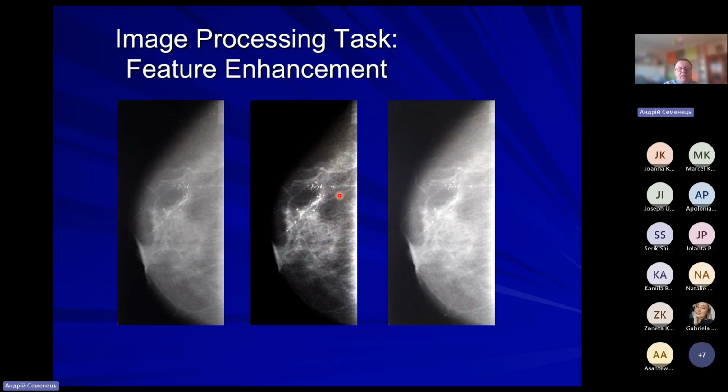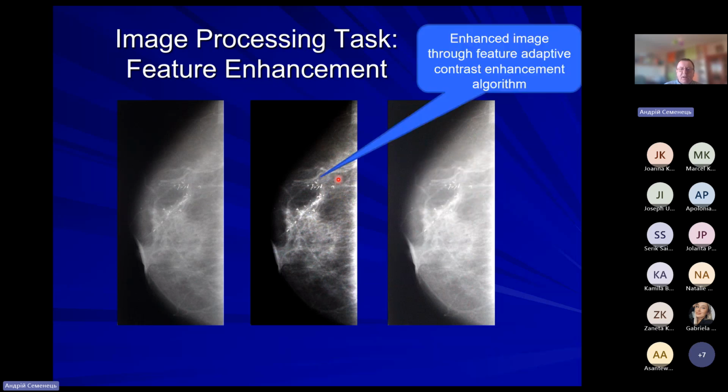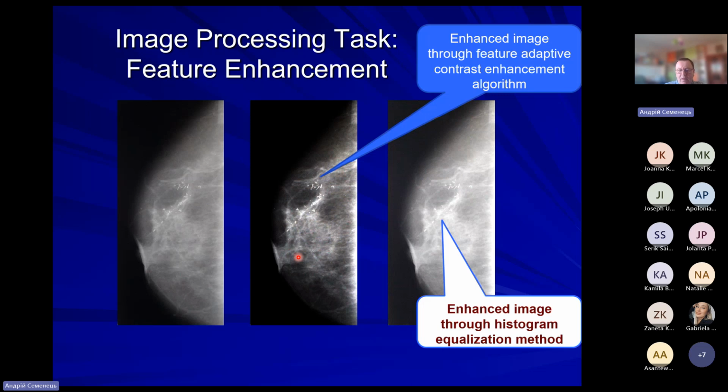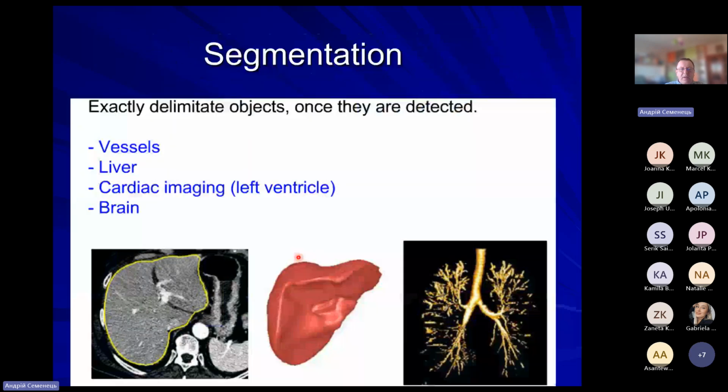This feature enhancement could be used for identification of some elements on mammography images. Here an adaptive contrast enhancement algorithm was applied to emphasize those structures. And here is a different approach, histogram equalization, and so on.